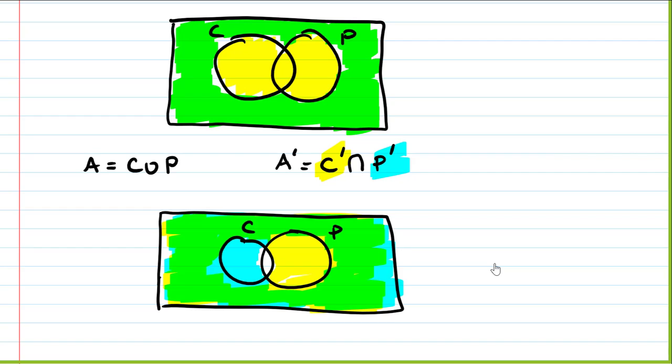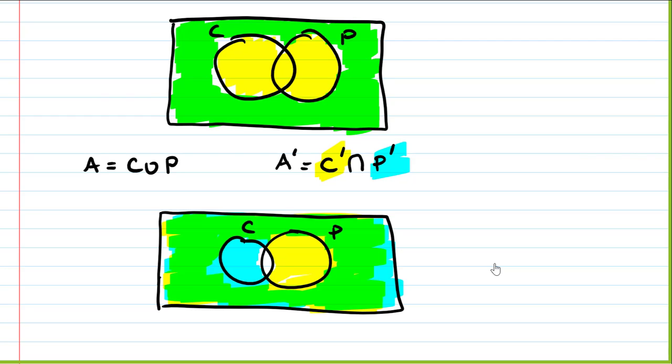Blue is not in P, and yellow is not in C. And we get that same green area, right?